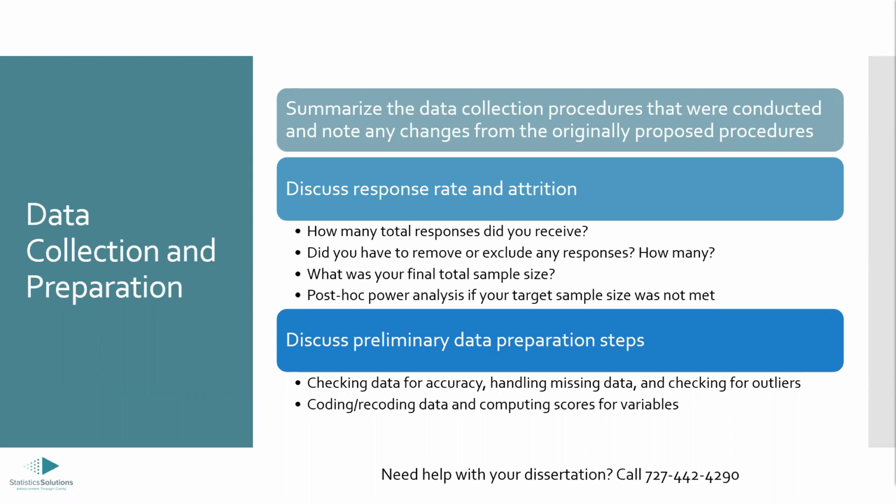And then you'll want to talk about if you had to remove any participants from your study and the reasons for removing them. Did you have to remove or exclude any responses? How many did you have to remove, and why? There could be a number of reasons why you might have to remove participants from your sample. You might have specific inclusion and exclusion criteria for your study that participants need to meet in order to be included.